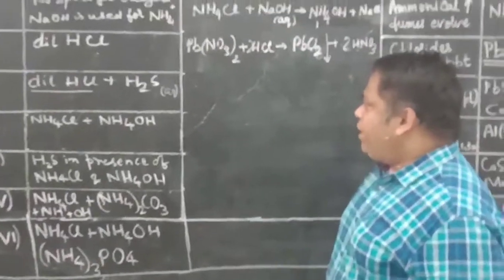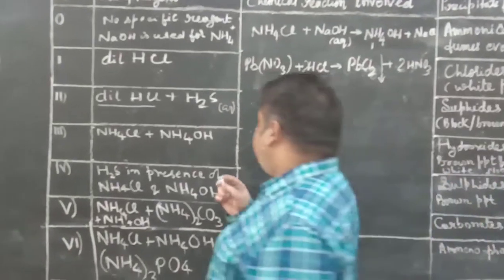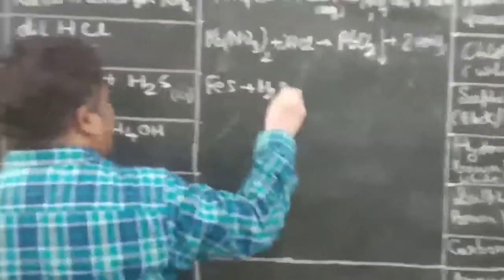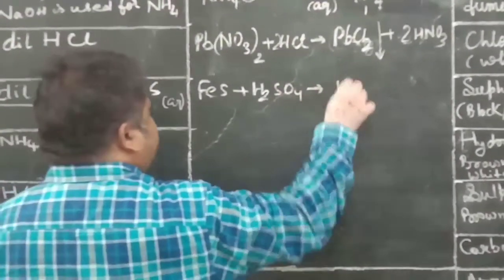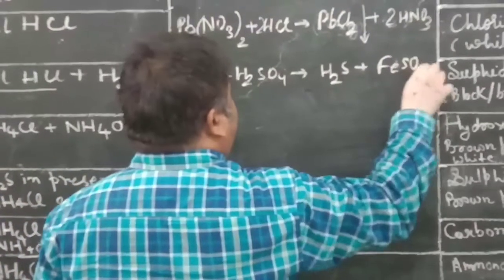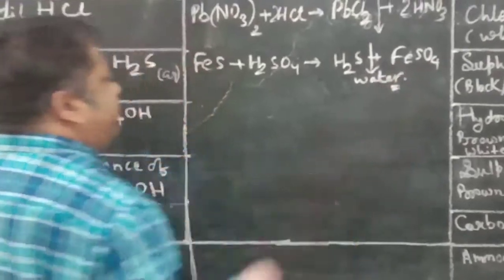This H2S you can prepare from Kipp's apparatus. In Kipp's apparatus we take ferrous sulfide and treat it with H2SO4. It forms H2S gas plus FeSO4, and this is passed through water to form a solution which can be preserved.